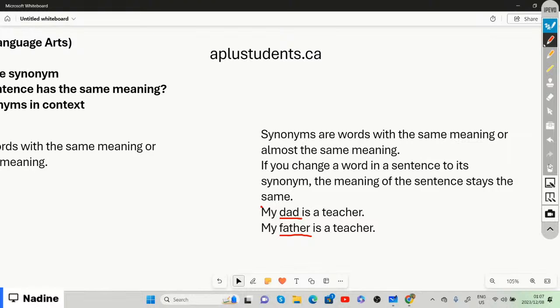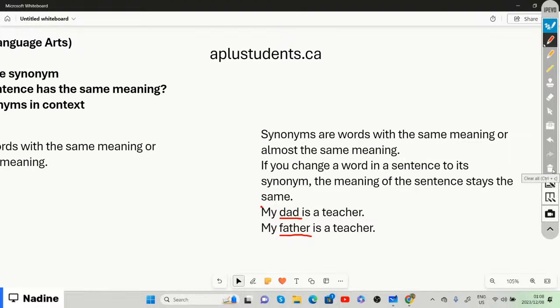All right, so we're also doing our tutorial lesson on aplusstudents.ca. We made an example of dad and father, and we say that synonyms are words with the same meaning, or words with almost the same meaning.